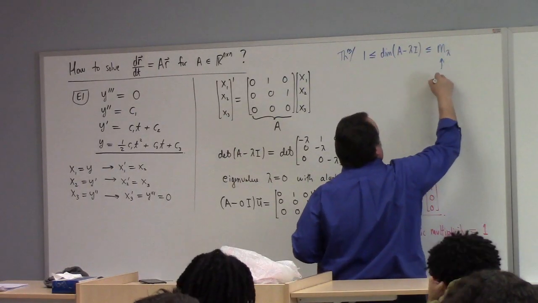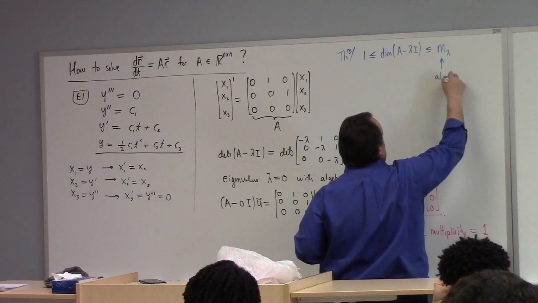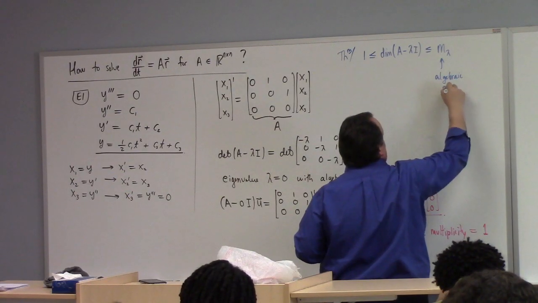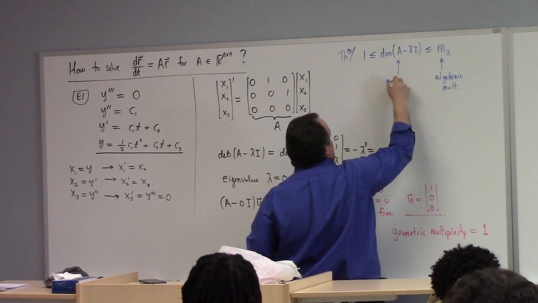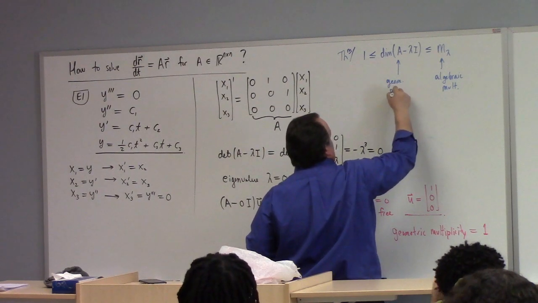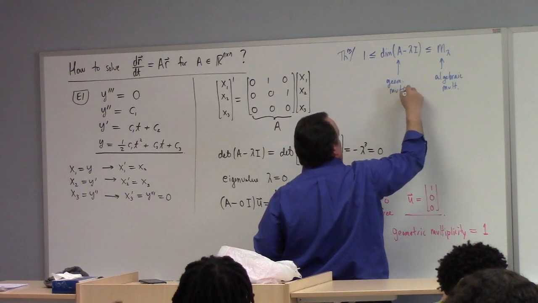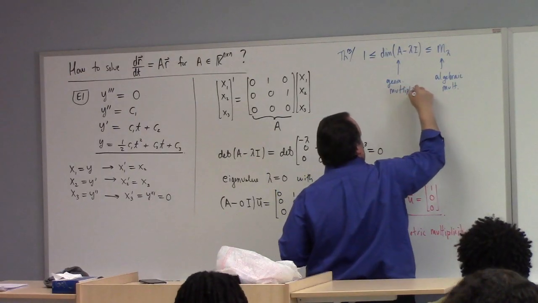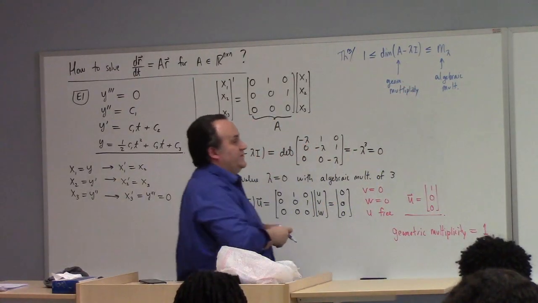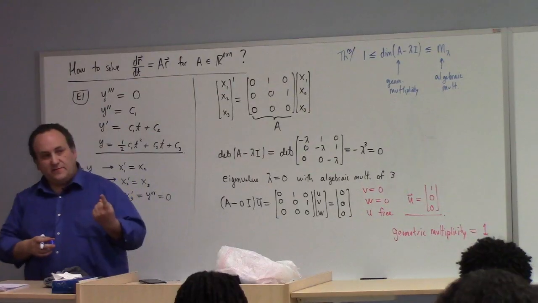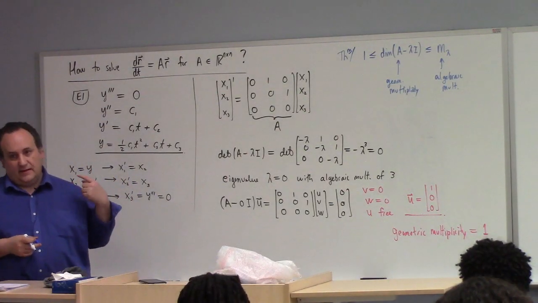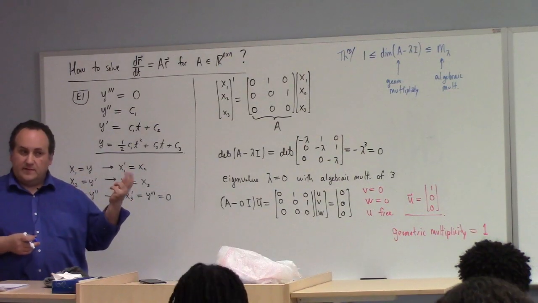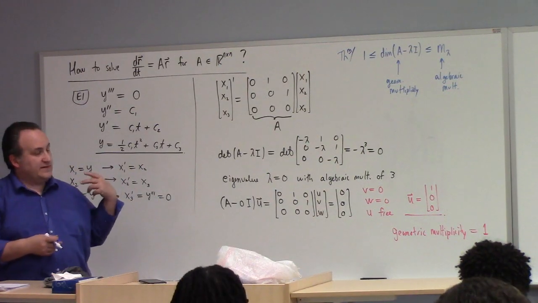So I'm saying this is the algebraic multiplicity, and this right here is the geometric multiplicity. So there's always at least one eigenvector for every eigenvalue. All right, always at least one. And there's never more than the algebraic multiplicity.